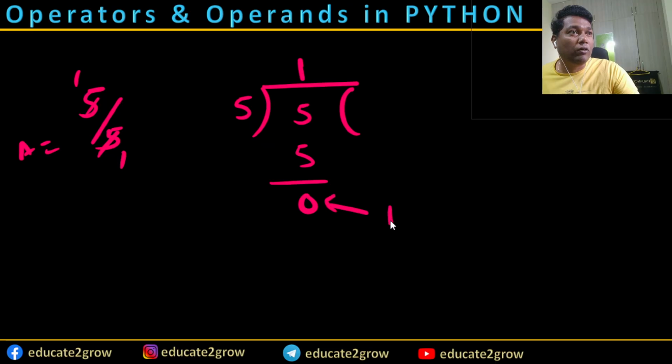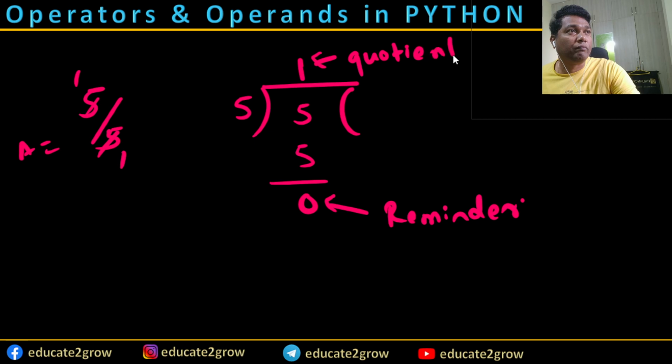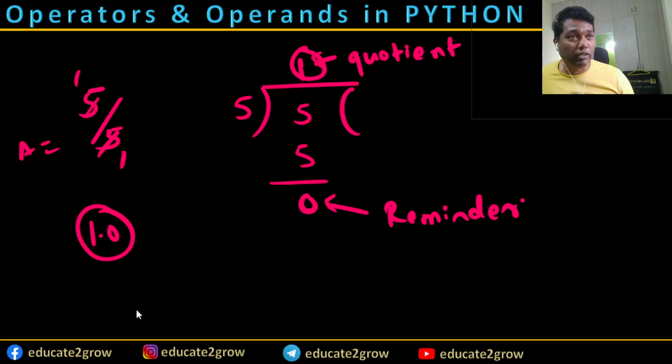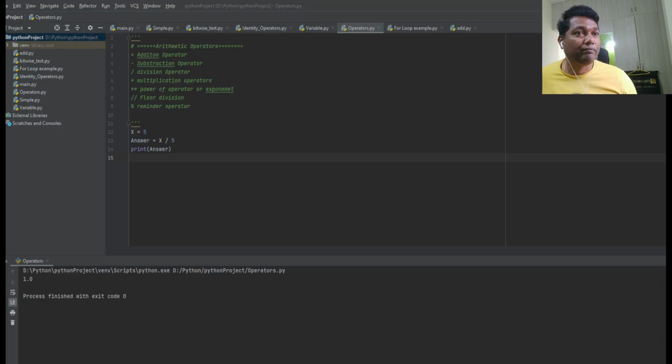This is called the remainder, and this is called the quotient. The answer will be written as a float, so that's what is shown here, 1.0. You can easily make it out.